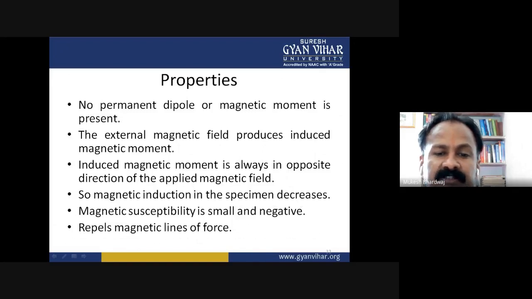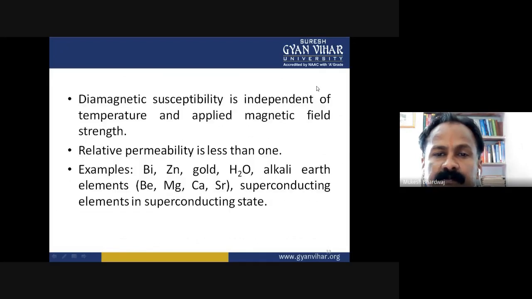So magnetic induction in the specimen decreases. Magnetic susceptibility is small and negative, and it repels magnetic lines of force. Diamagnetic susceptibility is independent of temperature and applied magnetic field strength. Relative permeability is less than 1. Examples: superconducting elements in the superconducting state.